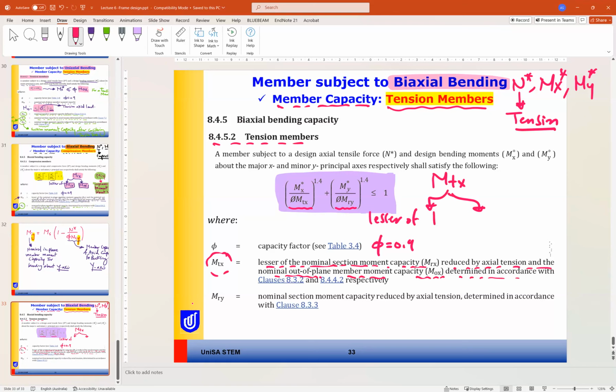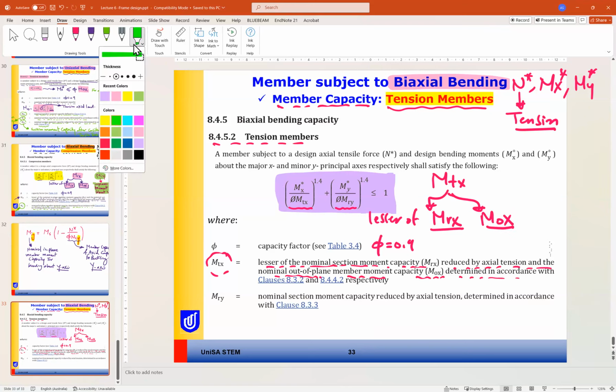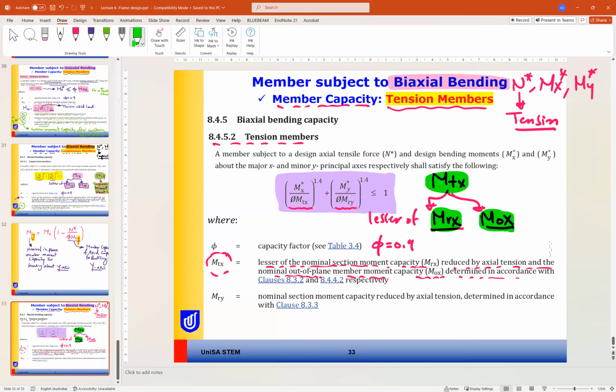The first one is MRX and the second one is MOX. We will find two values and take the lesser. MRY is the nominal section moment capacity reduced by axial tension determined according with clause 8.3.3.